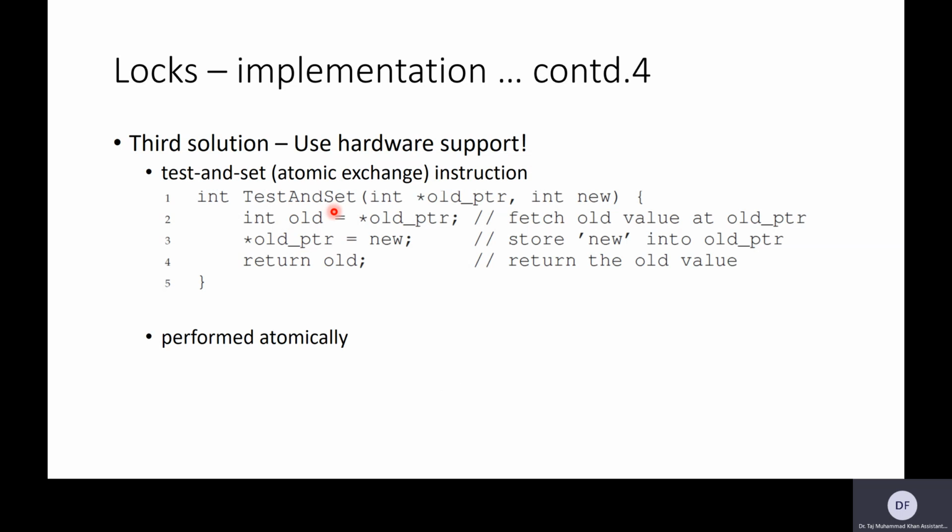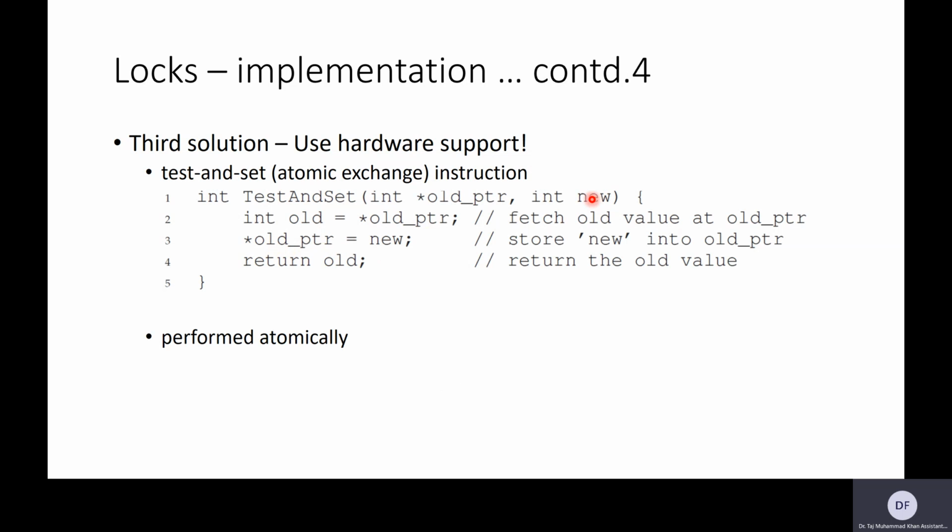So what the test and set instruction does is that it takes two arguments, a pointer, a memory address, and a value new. What it will do is store this new value at this memory address. Okay, we are dereferencing this pointer to store this value new at the memory location pointed to by this pointer.